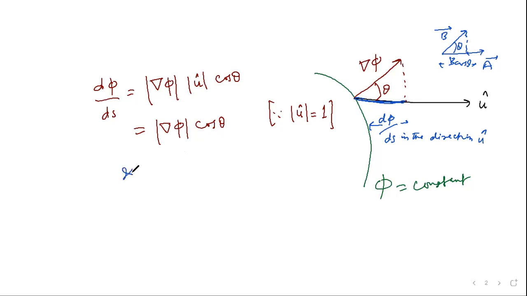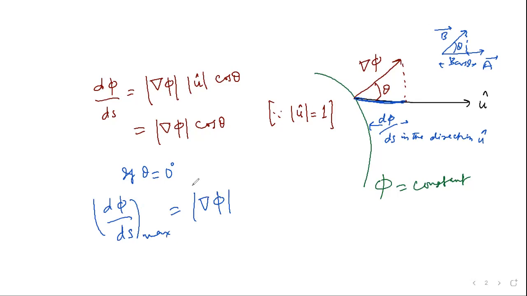That means if theta is 0 degrees, then u cap coincides with del phi, and this d phi by ds has maximum value, which is equal to the magnitude of del phi, right?